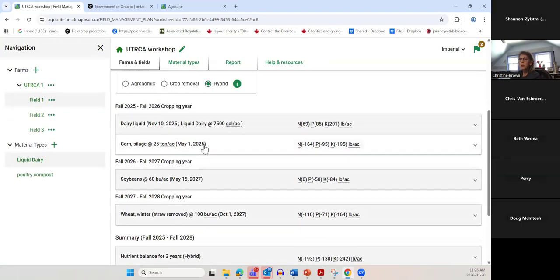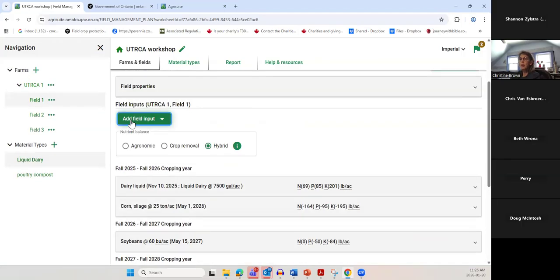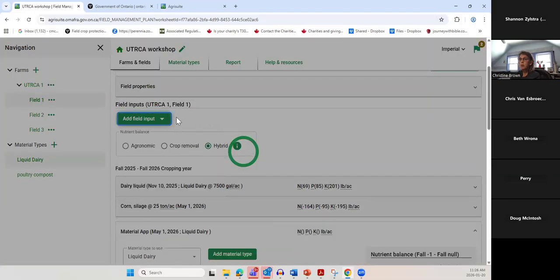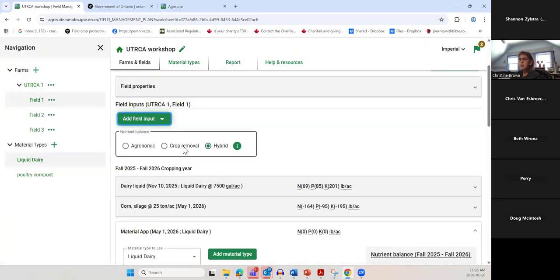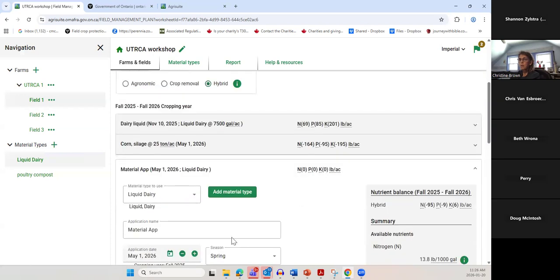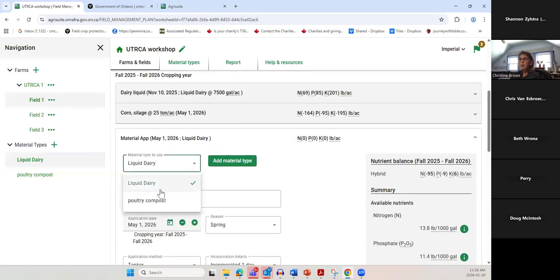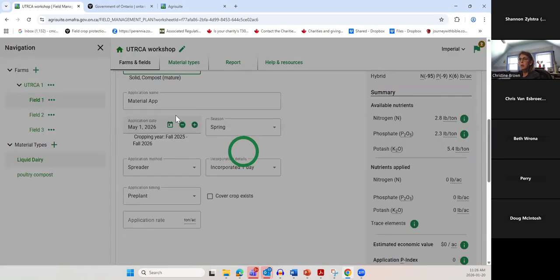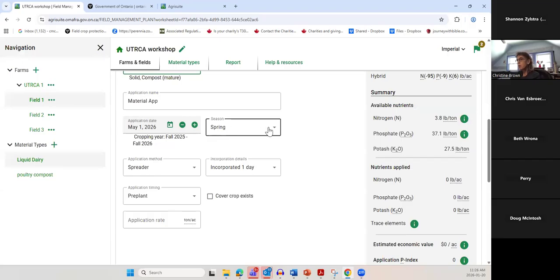But after corn silage, if I wanted to add material, and let's say in this case, just to show you the difference, we're going to add our poultry compost. And the poultry compost costs a little bit more, but this is going to be somewhat similar to poultry manure, only a little bit safer.